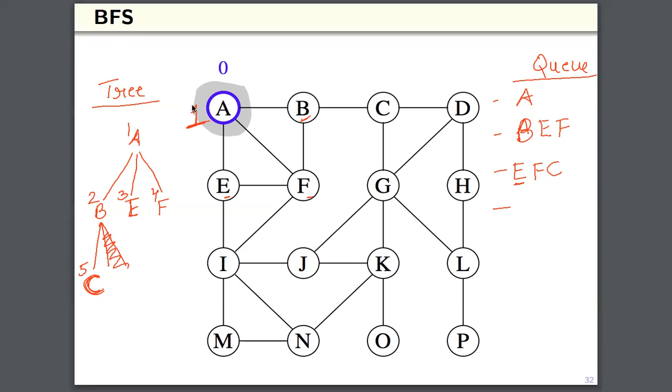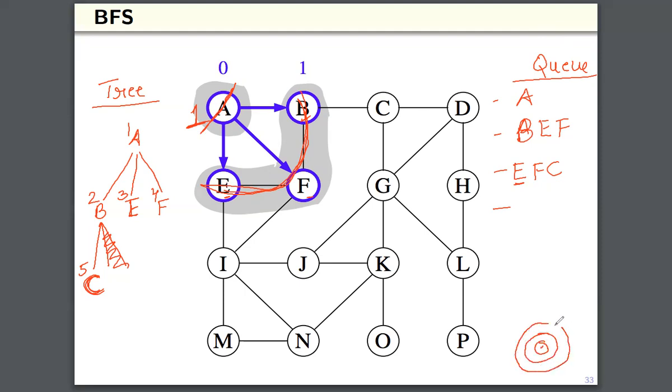So let me move one step here. See, this is the next level. I said this is level order traversal. This is level 0. This is level 1. You can think of this as a collection of concentric circles. BFS is like concentric circles. So you visit all nodes at level 0, all nodes at level 1.